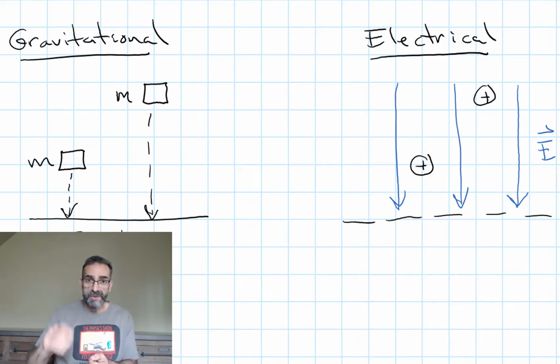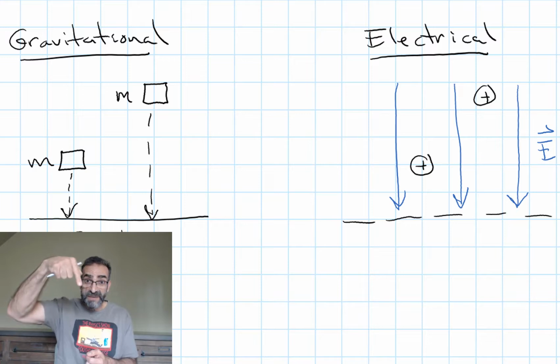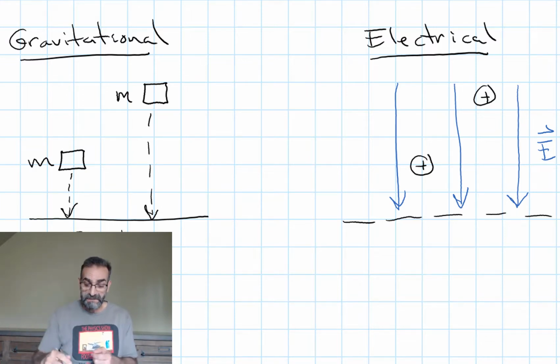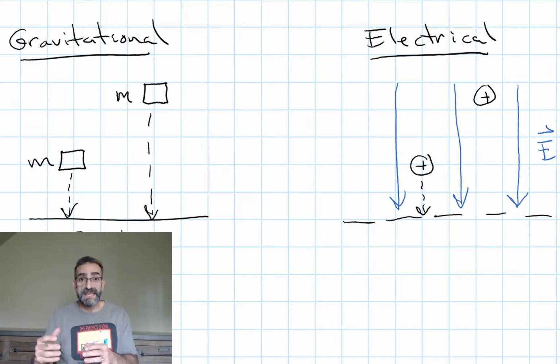When I let go of the lower charge, the electric force pushes it in that direction, and it starts moving. And the split second it passes my imaginary floor here, it has a certain speed, a certain kinetic energy, because the electric field did some work on it and got it moving and gave it some kinetic energy.